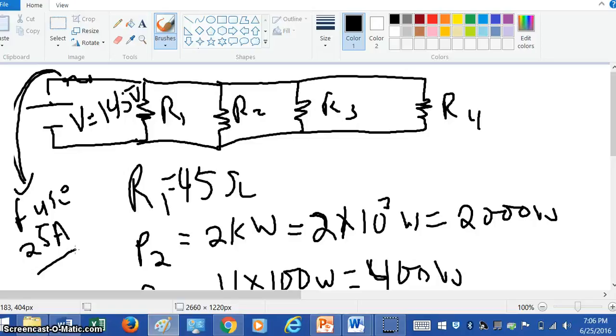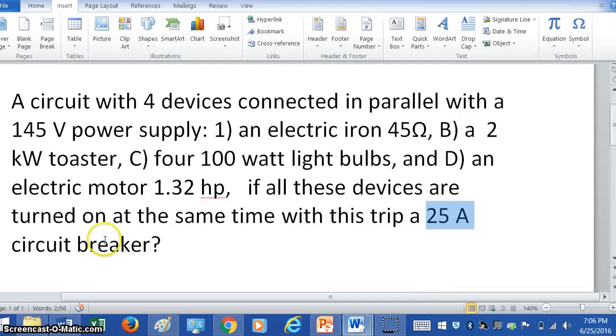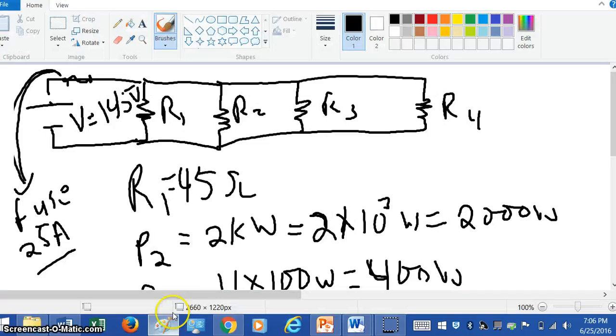They're kind of a pain. You usually have fuses in a car, for example, and you have to actually replace the fuse. What's nice about a circuit breaker, and in this example we have a circuit breaker, is that it's electrically the same thing, but when the rest of the circuit draws more than 25 amps, meaning R1, R2, R3 and R4 collectively together draw more than 25 amps, that circuit breaker opens.